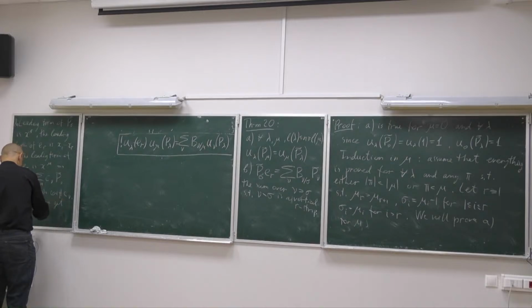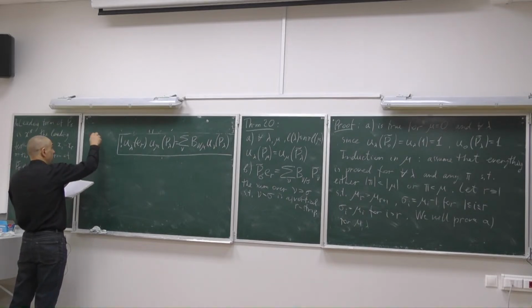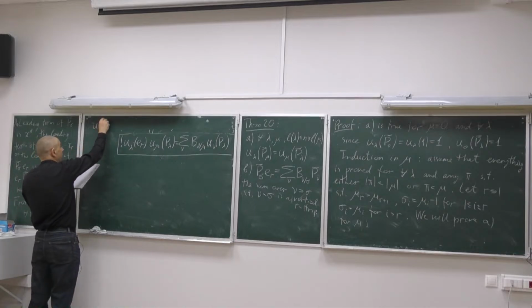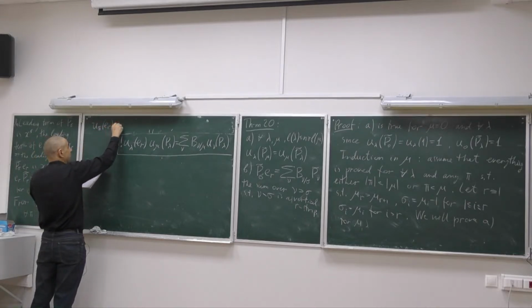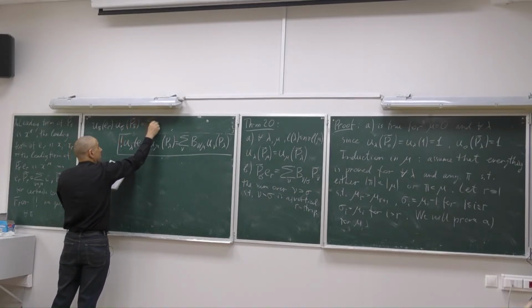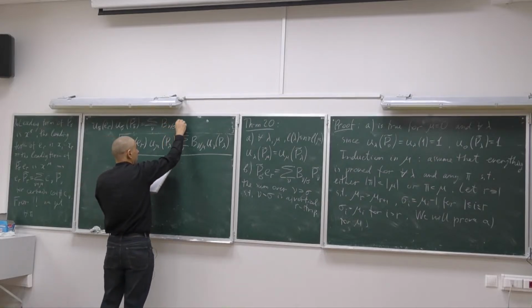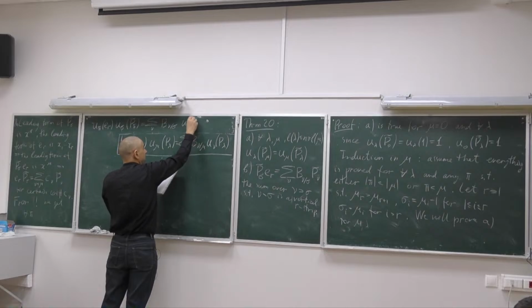We get for any pi that evaluation at pi of ER times evaluation at sigma of P tilde pi is the sum over nu, b nu sigma u nu of pi of p pi renormalized.